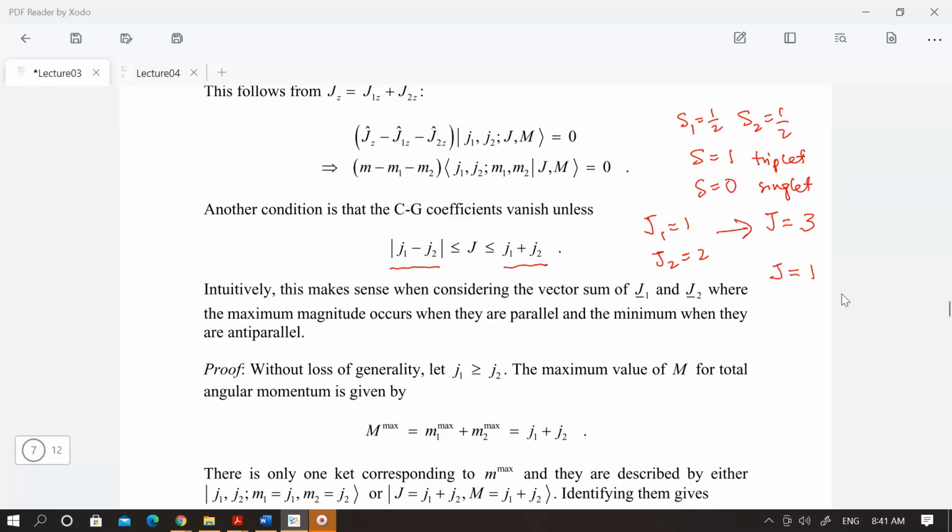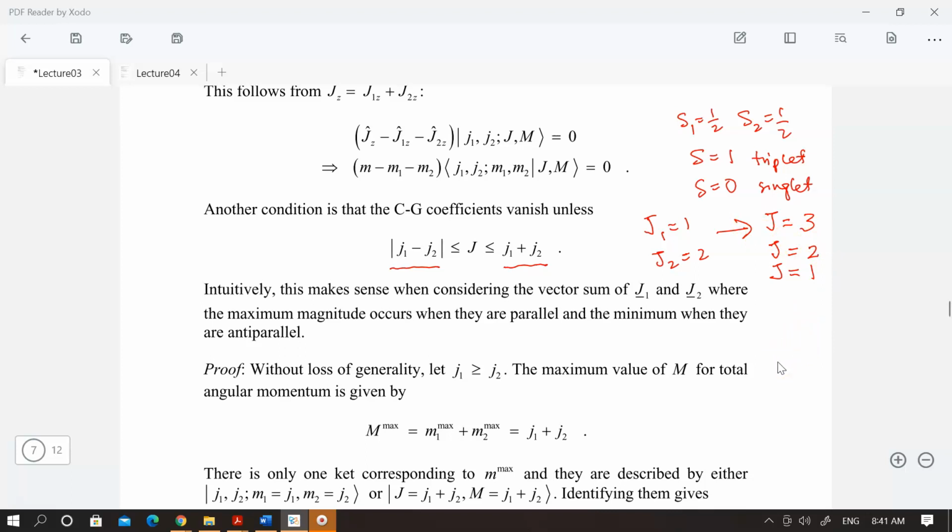But in between these two, there will be J equals 2, because we remember that when you go from one level to another, it's always an integer change. Even for the case of the half-integer spins, going from one level to another is just an integer change. So you have J equals 1 to be the minimum, and J equals 3 will be the maximum.